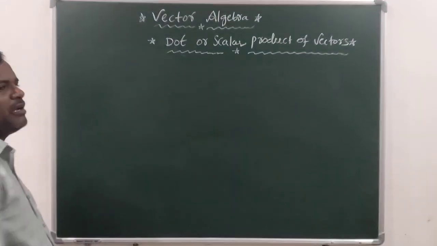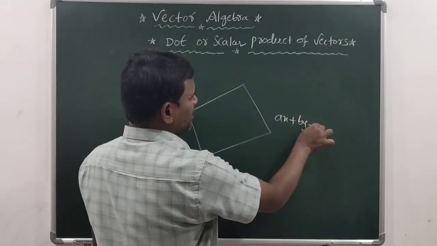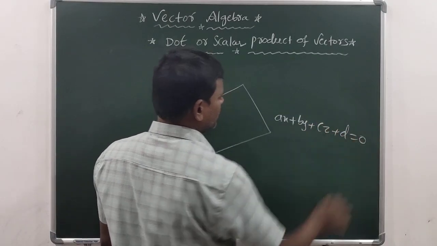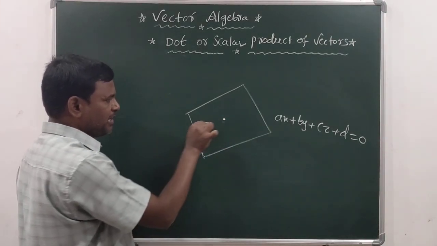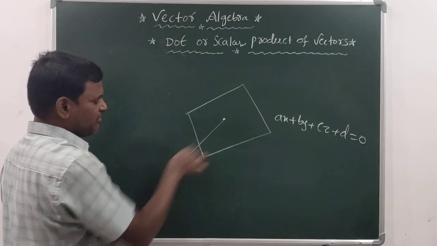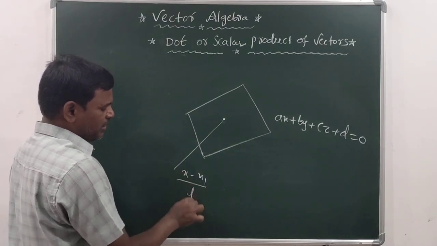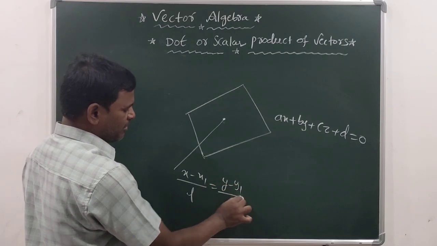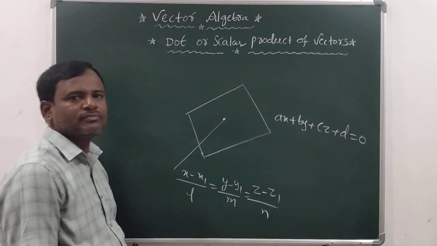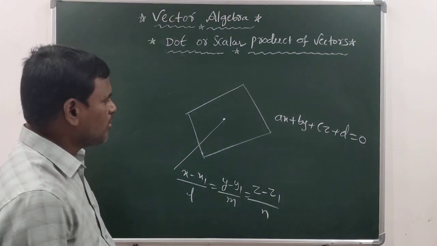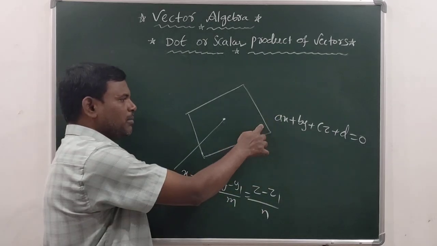And sometimes they will give you one plane equation as ax plus by plus cz plus d equal to 0, and a line is penetrating through the plane like this, whose equation is x minus x1 by L, y minus y1 by M, z minus z1 by N. Okay, now tell me the angle between the plane and the line.